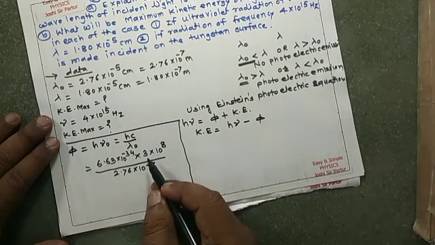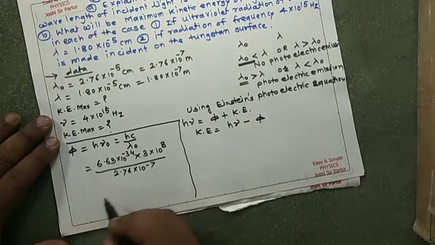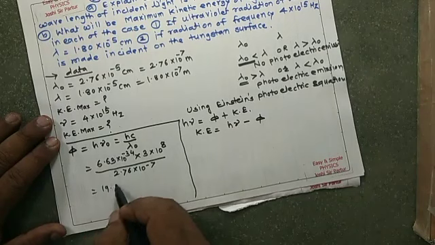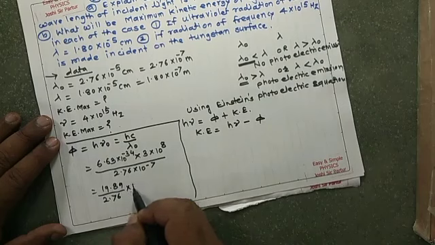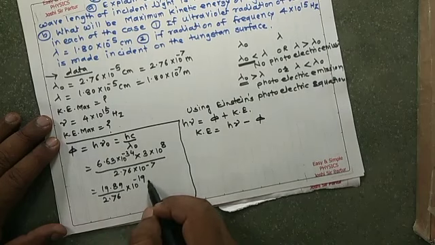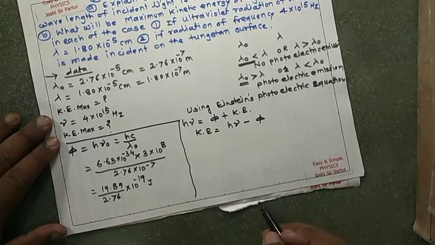So the minus 7 is shifted, that is 15. So here 19.89 divided by 2.76 into 10 raised to minus 19. It will be in joule.